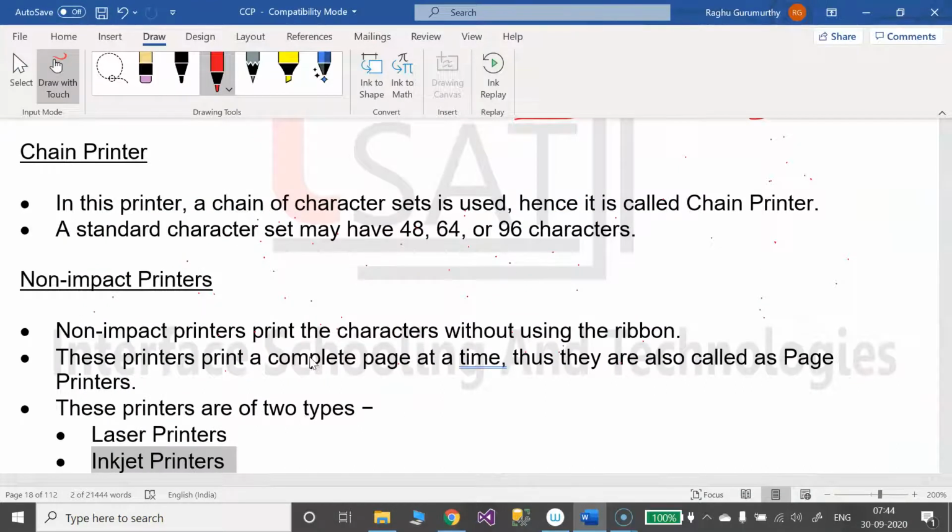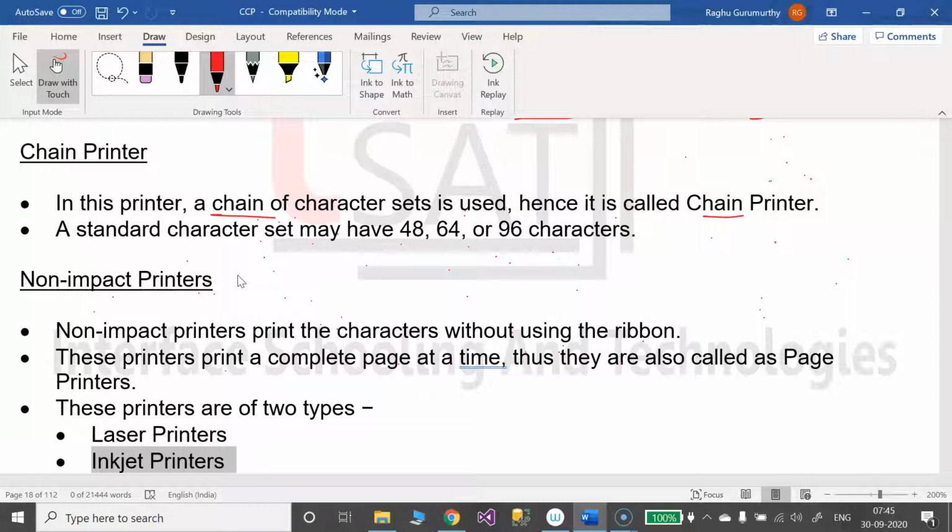Chain printers, what they are going to call it: in this printer a chain of character set is used, hence it is called a chain printer. Here, instead of setting the character set in a petal way, they set the characters on a chain. Okay, that's why they call it a chain printer.